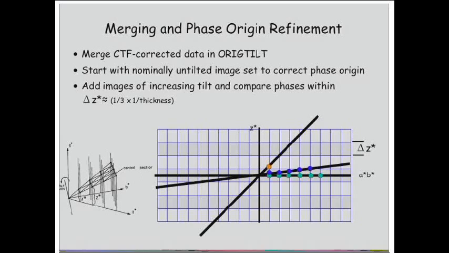And we've corrected the amplitudes for the contrast transfer function. And what we need to do is bring together measurements of amplitude and phase, which are nominally measurements from the same HK and Z star value. Now, in principle, that would not be possible because you've got a whole bunch of random sections across the 3D transform, all with different Z star values.